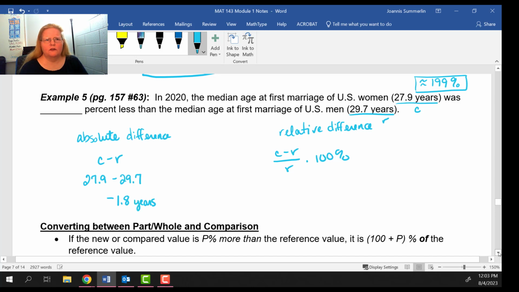Can it be negative? It can be negative. There's nothing wrong with it being negative. In fact, we knew it was going to be negative because it's supposed to be less. Less would imply negative. So that's okay. That means that my top number up here is going to end up being a negative 1.8, over my bottom number, which was my reference, 29.7, times the 100%.